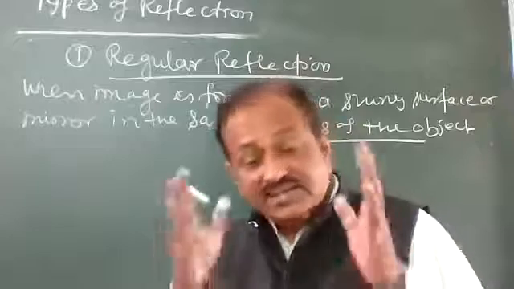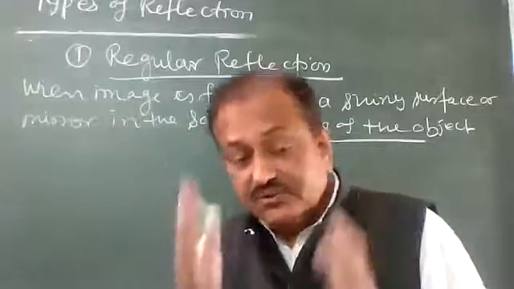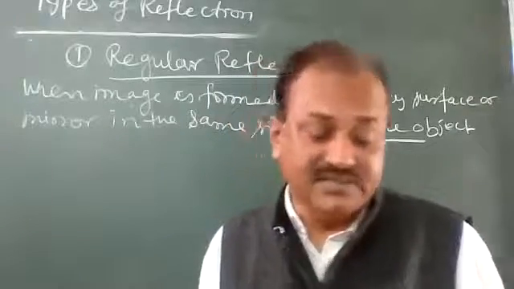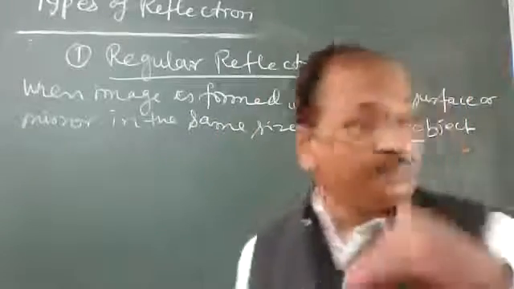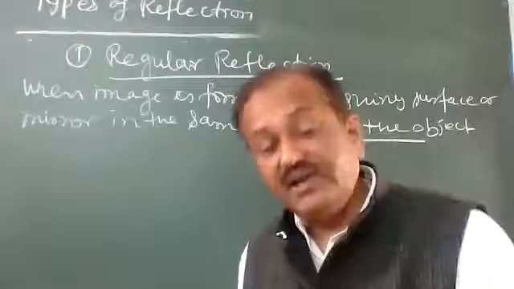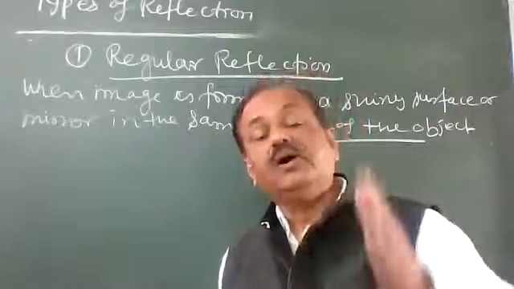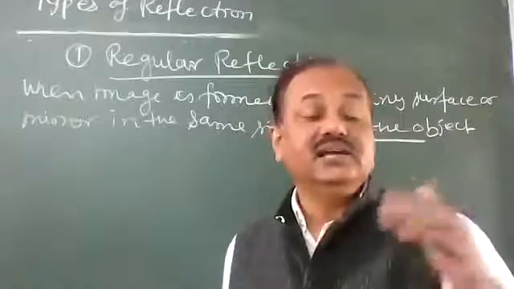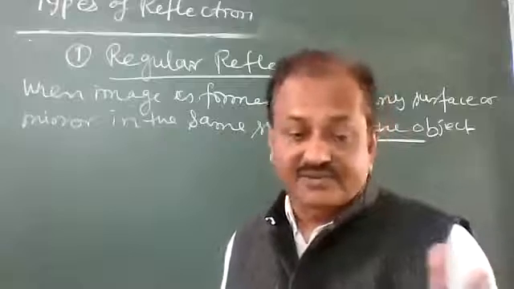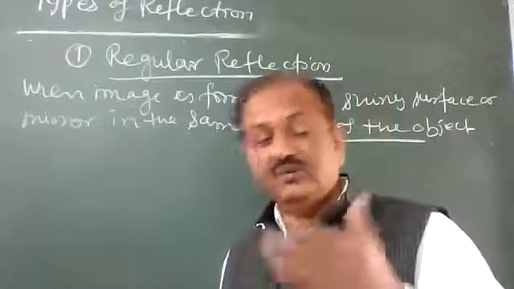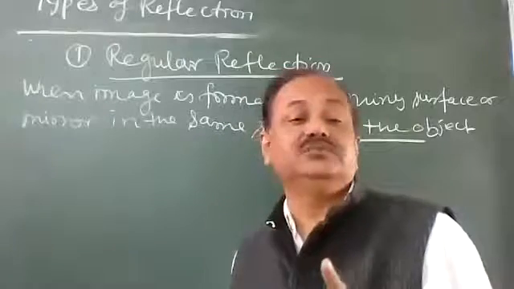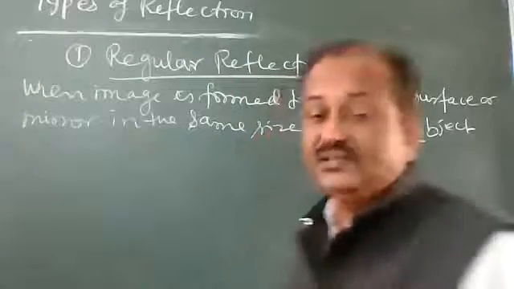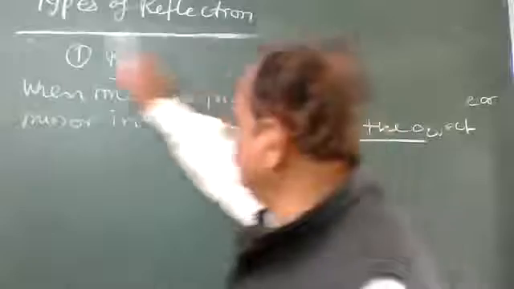Normal, anything which is formed on a normal basis, that is called regular reflection. So plane mirrors, if there is one plane mirror, or any granite surface, and we are in front, so our one image will form. So it is called regular reflection.